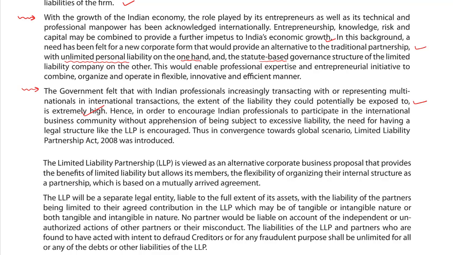Hence, in order to encourage Indian professionals to participate in the international business community without apprehension of being subject to excessive liability, the need for a legal structure like the limited liability partnership, LLP, is encouraged. Thus, in convergence towards the global scenario, the Limited Liability Partnership Act 2008 was introduced.